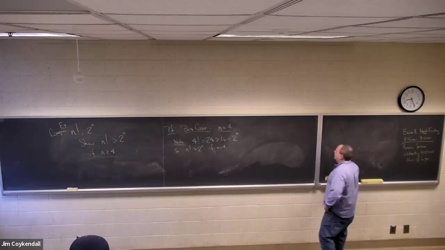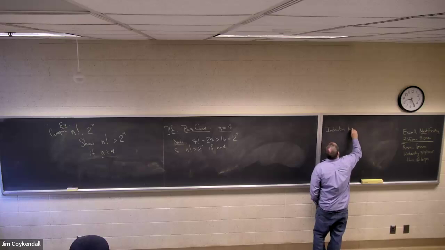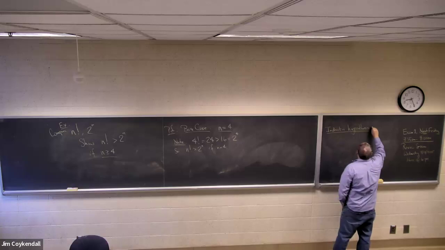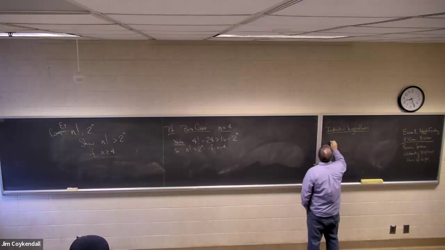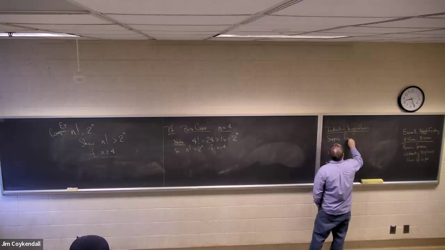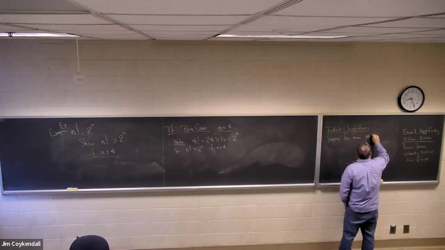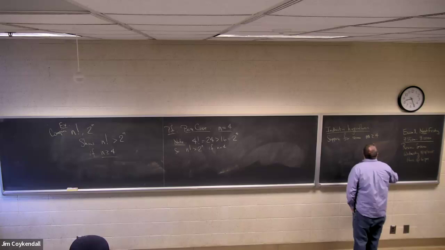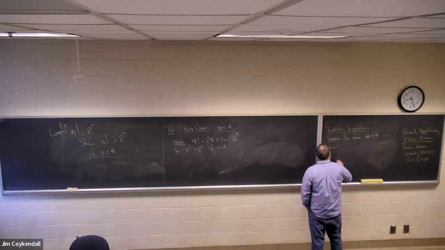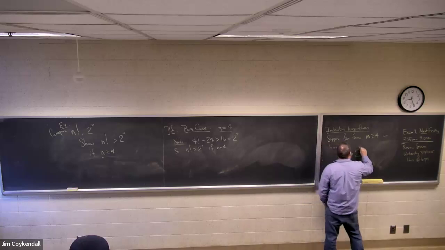So, inductive hypothesis here. Suppose for some m greater than or equal to 4, we have m factorial is strictly bigger than 2 to the m.